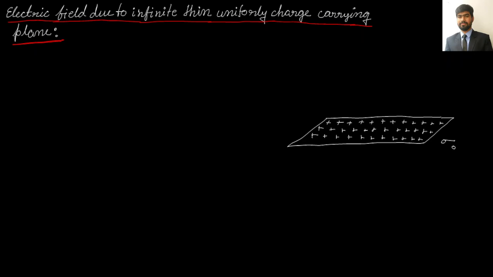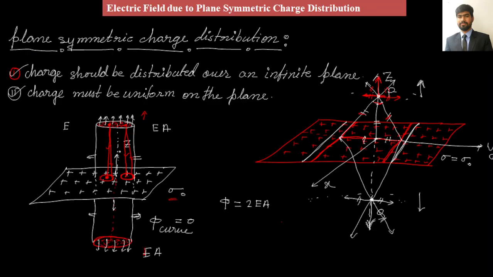In order to calculate the electric field using Gauss law, first we have to draw a Gaussian surface, and we have also learned here that for a plane symmetric charge distribution, we can consider a Gaussian surface like this.